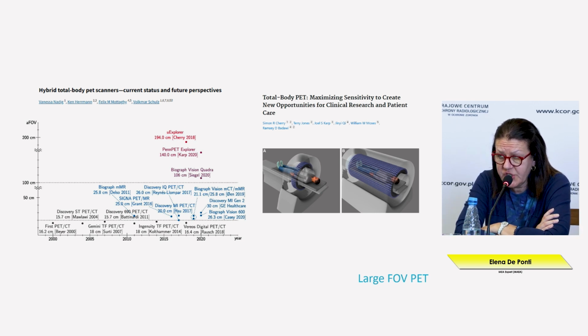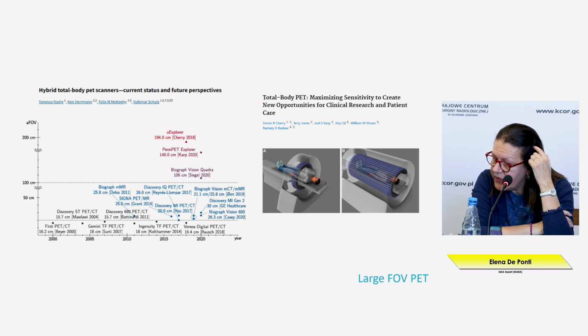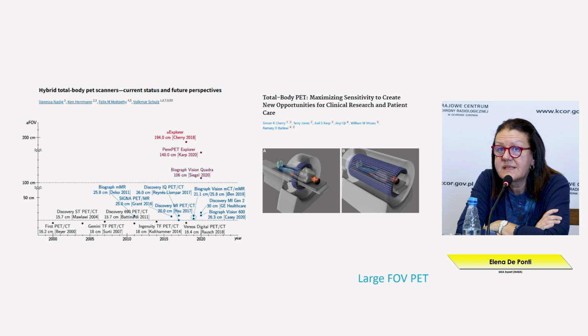According to the general architecture of the scanner, here we have the evolution of the different scanners that have been used since 2000, and according to the length of their axial field of view. We started with the first one that had an axial field of view of 16.2 centimeters.